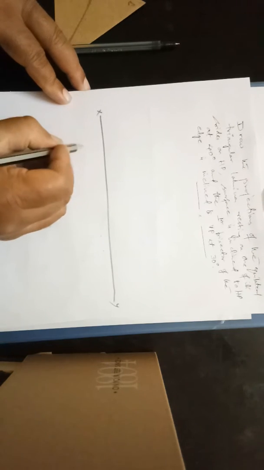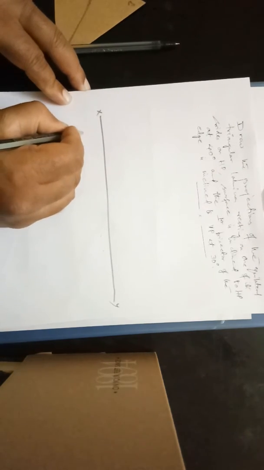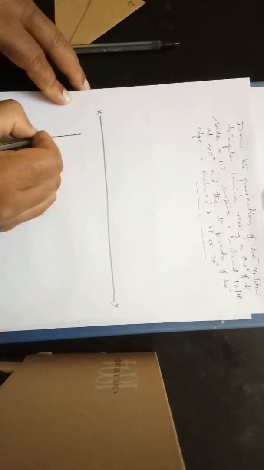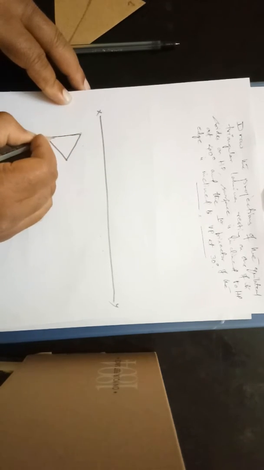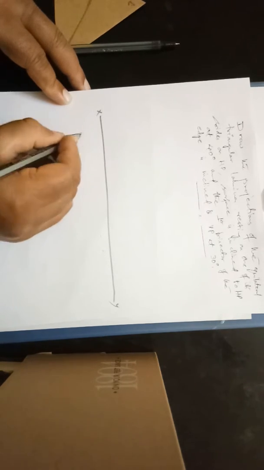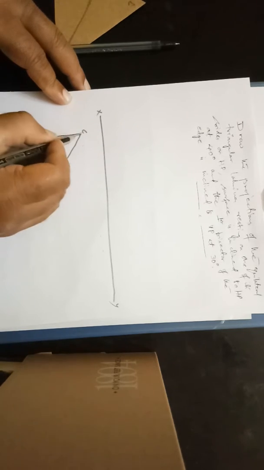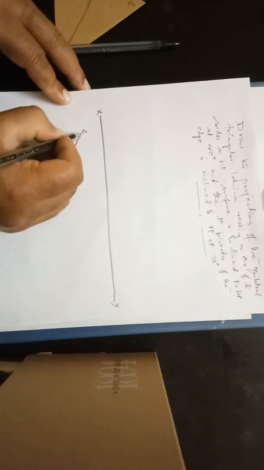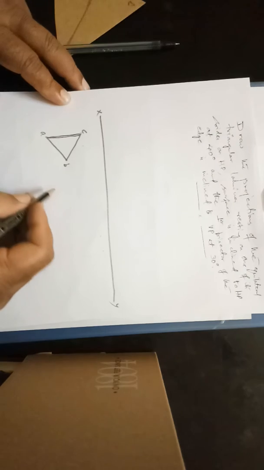Then the top view, initial position, will be an equilateral triangular lamina like this, so that this is A, B and C. This is the edge on which it is resting. It is perpendicular to VP, as you can see.